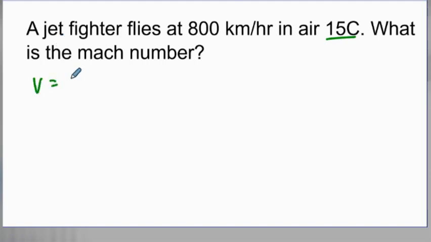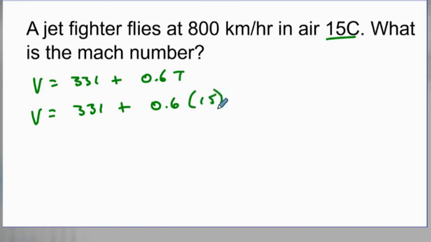So the speed of sound will be 331 plus 0.6 times T. So 331 plus 0.6, and I'm going to put a 15 there.